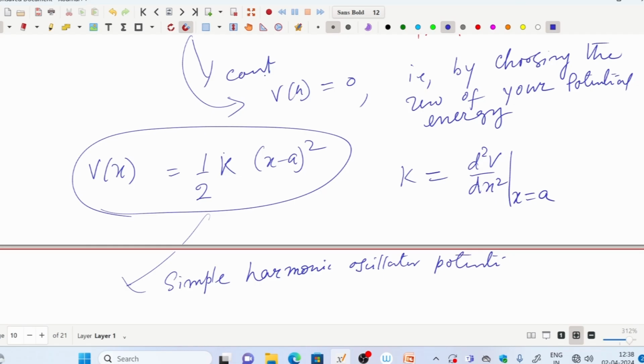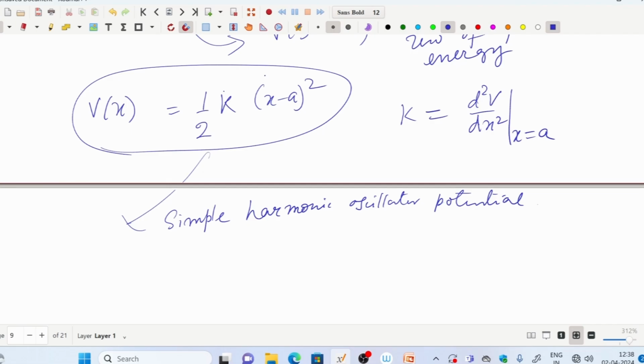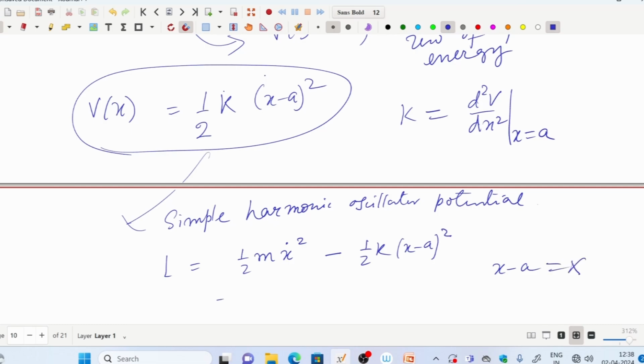If I write the Lagrangian, it will be half m x dot square minus half k (x minus a) whole square, or you can write x minus a equal to capital X: half m X dot square minus half k X square.